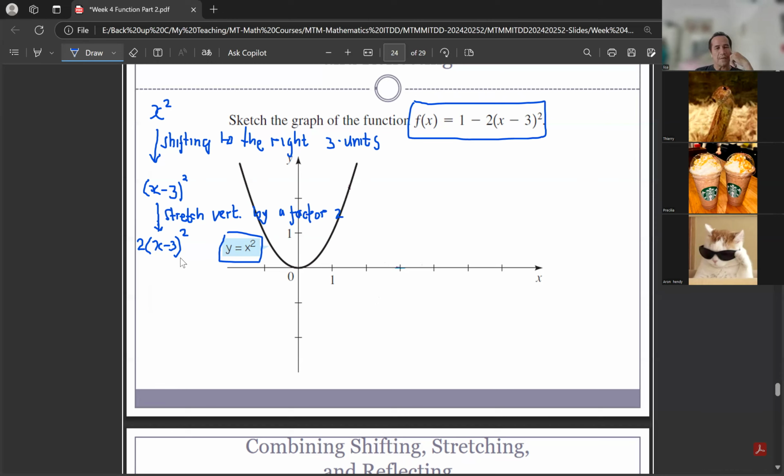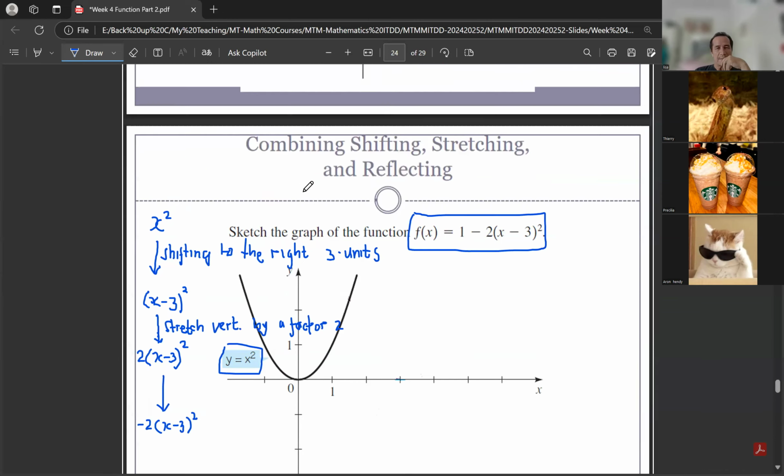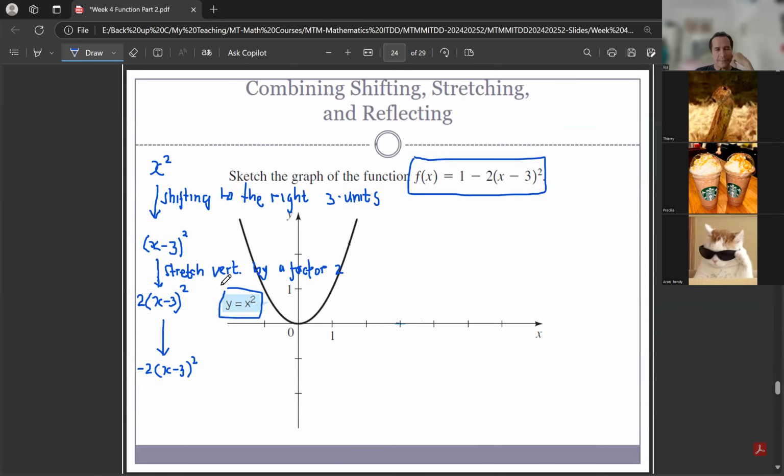After that, we must multiply by minus 1. So we have that the next step is minus 2 times (x minus 3) squared. What happened in this step? Reflecting, shifting, or stretching?